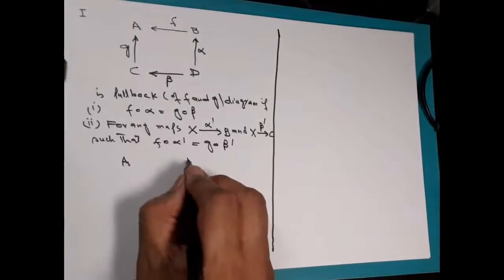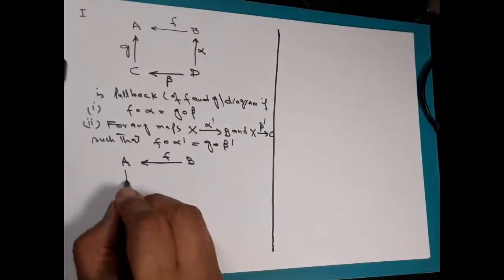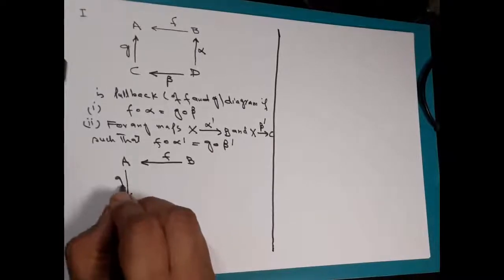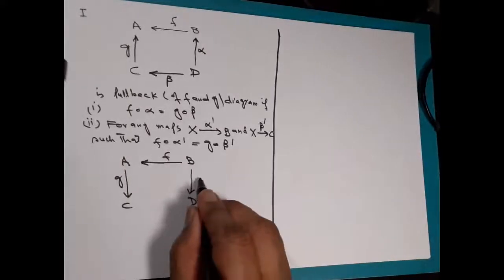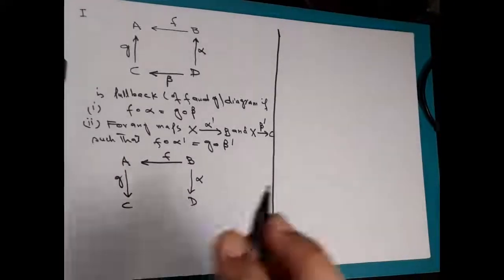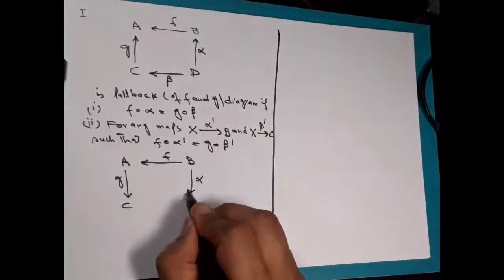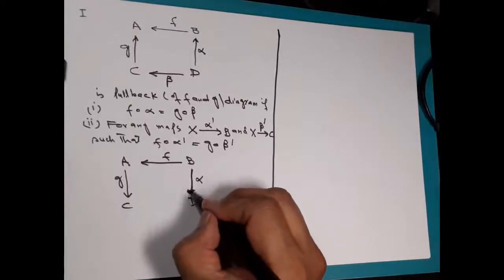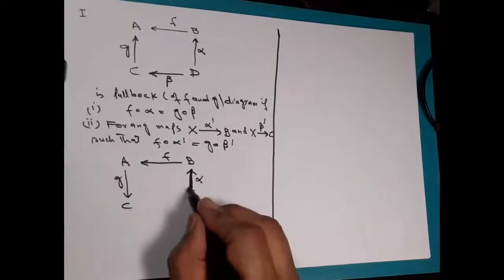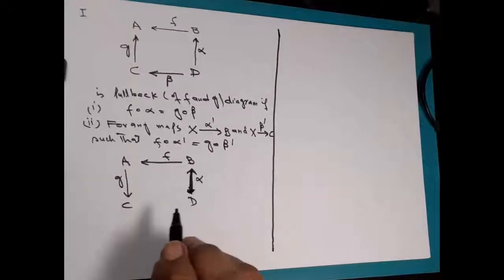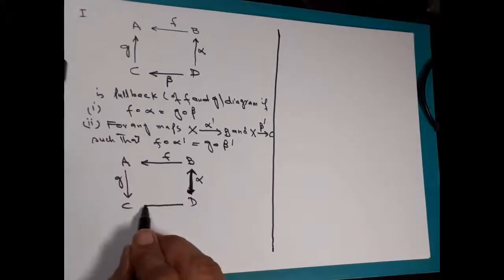So the map from A to B, this is F, then the map from A to C, and this is G, then the map from D to B, this is alpha, and then the map from D to C, and this is beta.